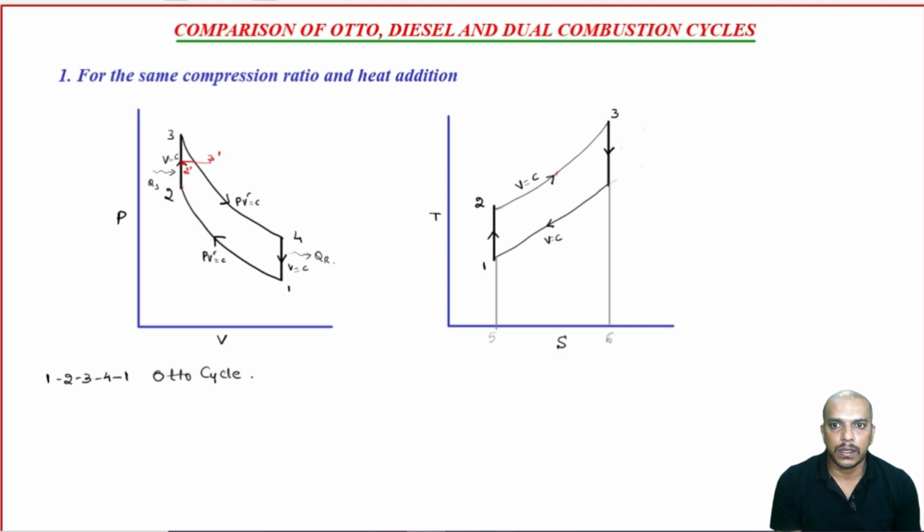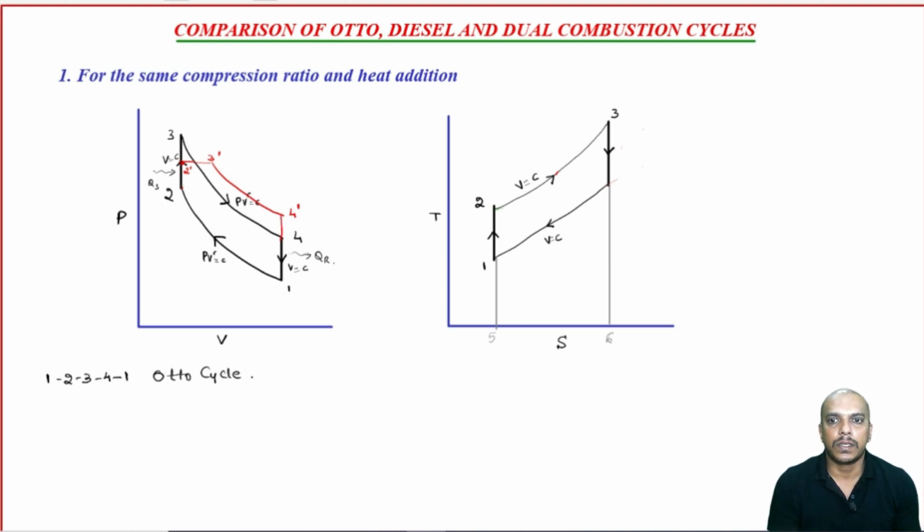Then we will draw in parallel to this line. So, same compression ratio, so it must come to the same volume, okay, in parallel to this. So, let us call this as 4 dash and let us join this line.